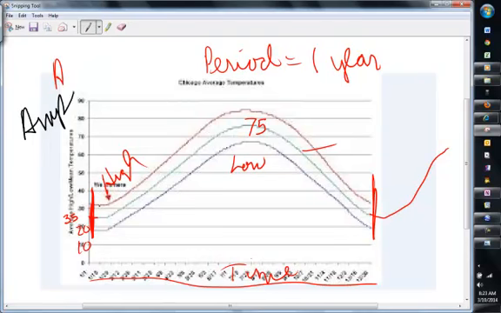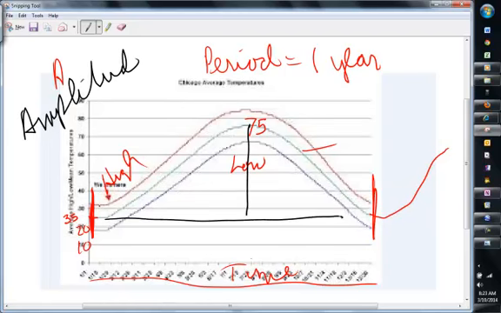Amplitude would be the high of the average down to the low, and then divide that by 2. So 75 minus 35 divided by 2. So the amplitude would be 20.